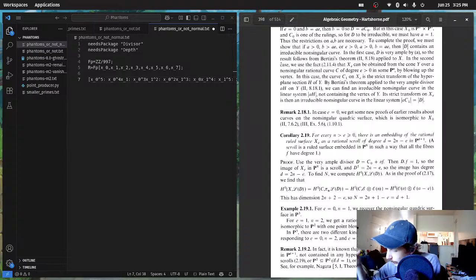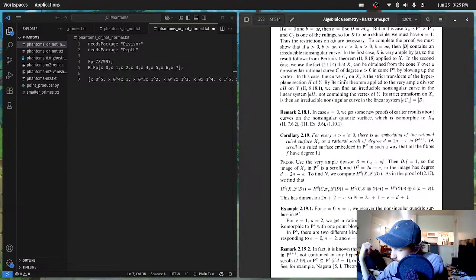The one problem that I'm thinking is, if I have F4 embedded in P1 times P2, then I want to know what happens to a point in that embedding.